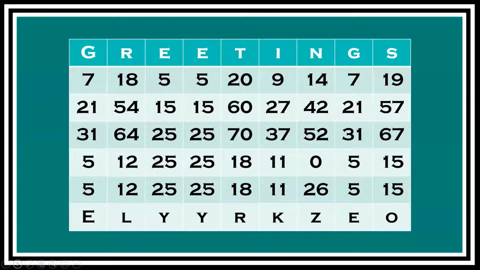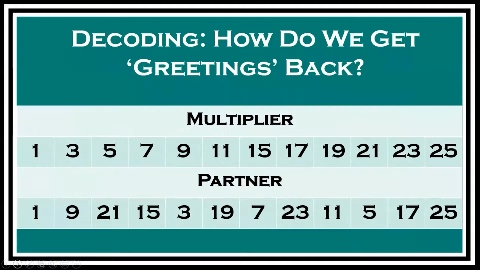When you use a multiplier of 3 and an adder of 10, the number added, in this case 10, is called the Caesar shift. Now here are the possible multipliers we can use. Each of them has a partner that can be used to undo the multiplier when decoding the message.